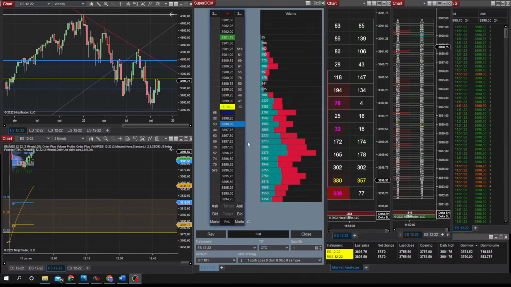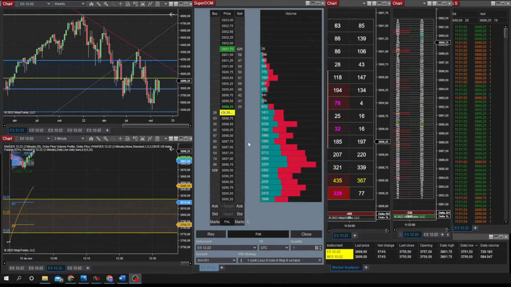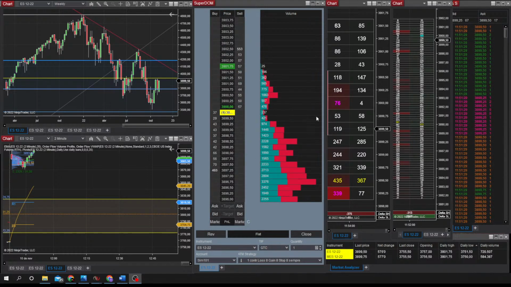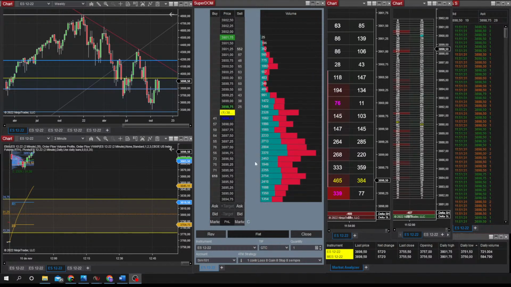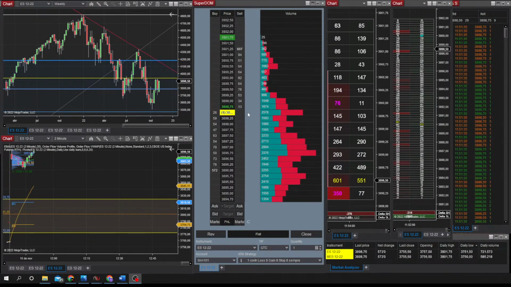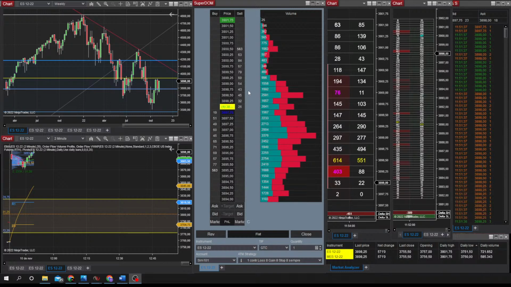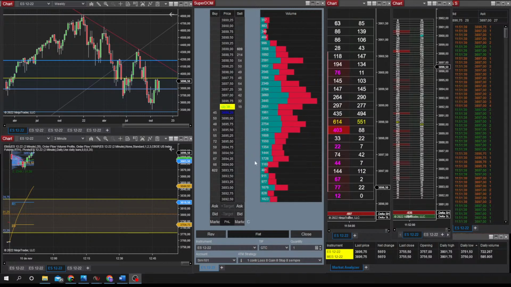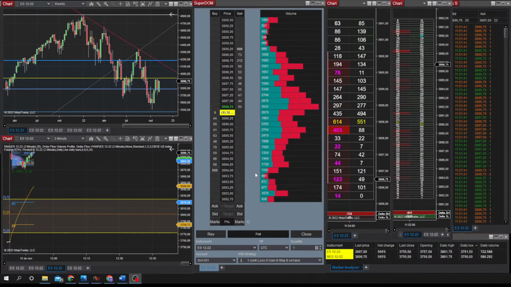You know that we had here the breakout, but it lost momentum there, and it's trying to come back to 3900 again. It's a psychological barrier.